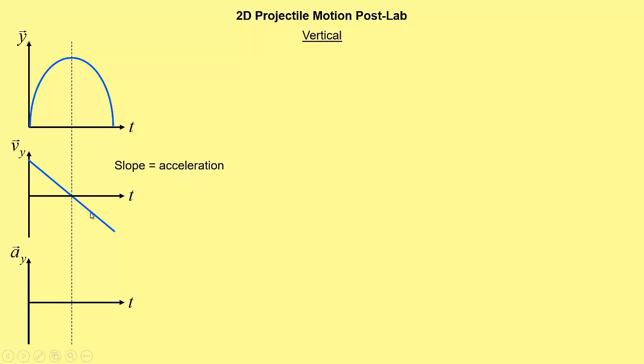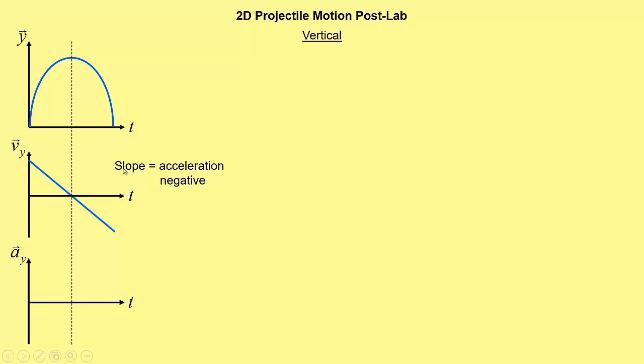In this case, is it positive or negative? Well, the slope is clearly negative. And is the acceleration, the slope of the graph, increasing, decreasing, or constant? I didn't say the velocity of the ball, which is actually decreasing on the way up and increasing on the way down. I meant the acceleration.